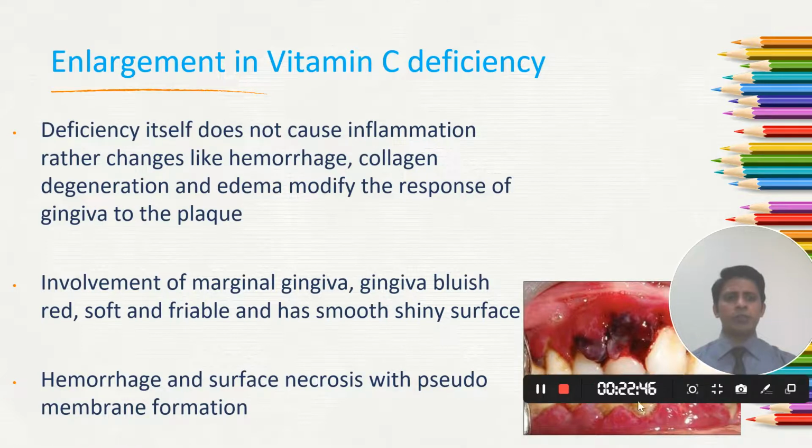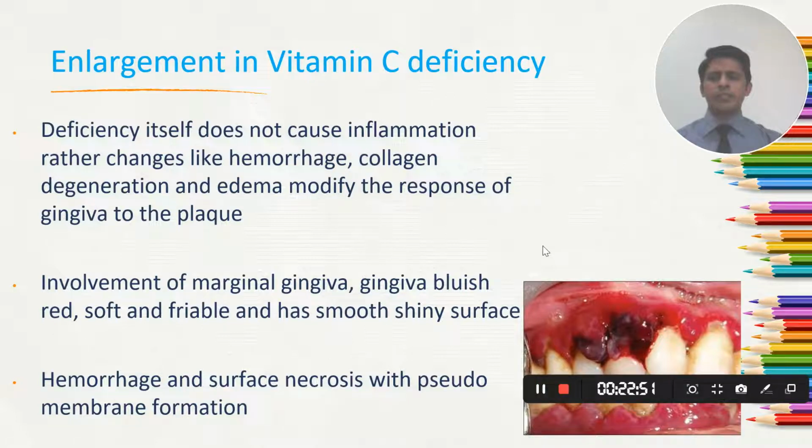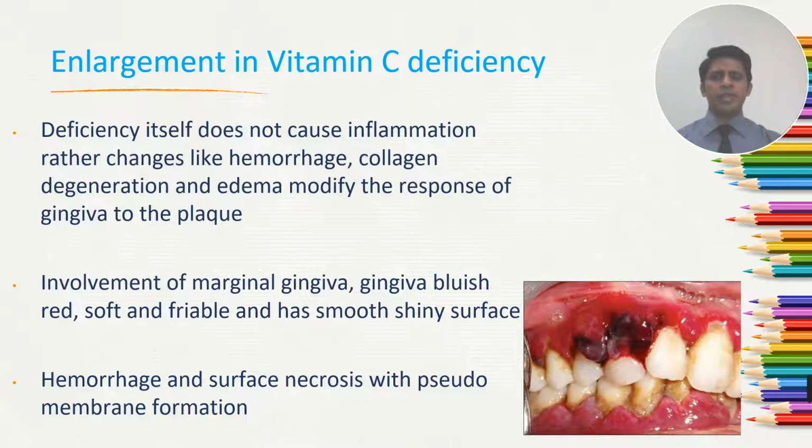The enlargement due to vitamin C deficiency. The deficiency of vitamin C itself does not cause inflammation, rather changes like hemorrhage, collagen degradation, and edema modify the response of the gingiva to the plaque. The involvement of marginal gingiva is seen. The gingiva is bluish red, soft, friable, and has a smooth and shiny surface. Hemorrhage and surface necrosis with pseudomembrane formation is also seen.